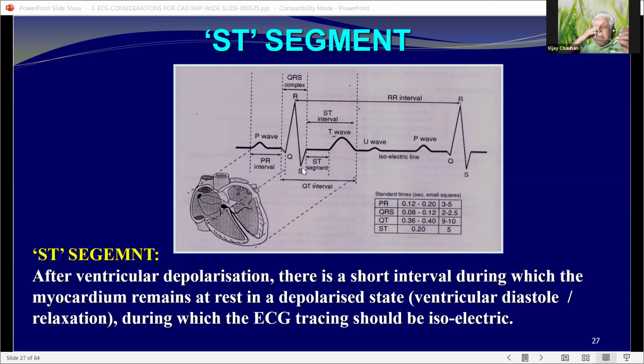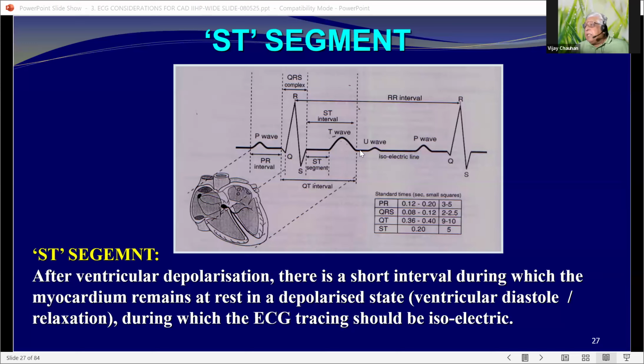Now, the ST segment and T wave have great significance in terms of repolarization. If repolarization does not occur in a proper manner, there is some problem with the heart muscle or its blood supply, indicating that if they are starving of blood, they are not able to function normally.